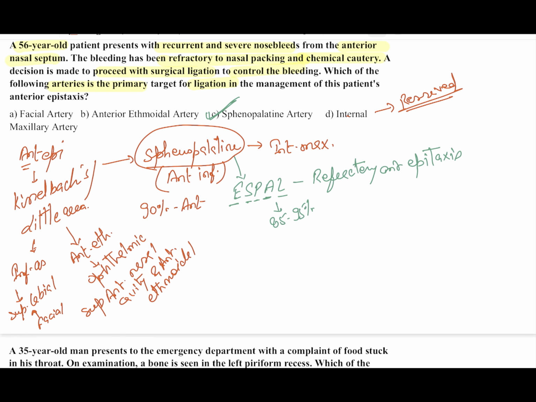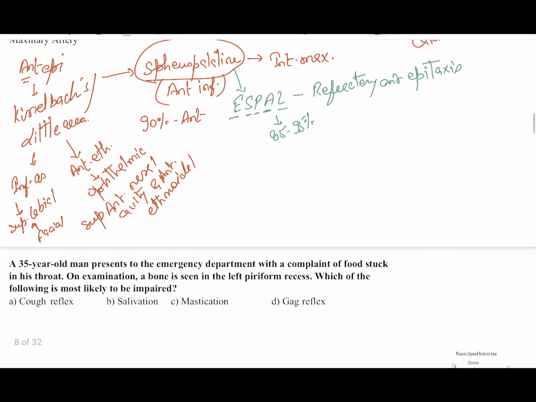The operation to ligate this is called the Caldwell-Luc operation. This is a transantral approach and is mainly reserved for severe refractory cases where sphenopalatine arterial ligation is not successful or there are some technical problems, then we can do it.